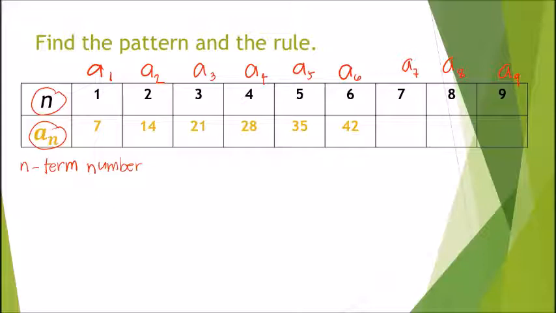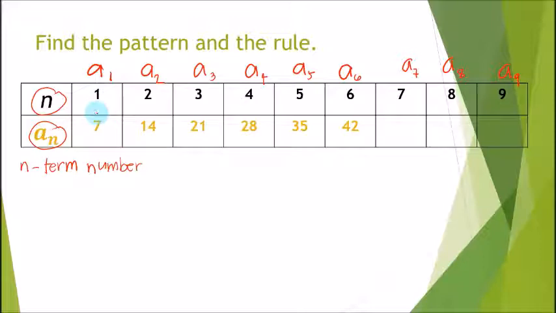So, we will go back to the basic definition of a sequence. Now, class, ang sequence kay naa daw siya definite pattern and rule. Okay. So, to identify if there is a definite order or a rule, then we should find the common difference of each term in the sequence.